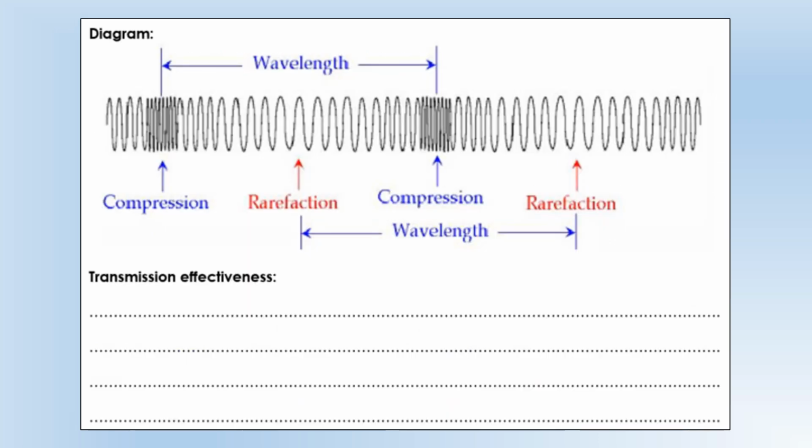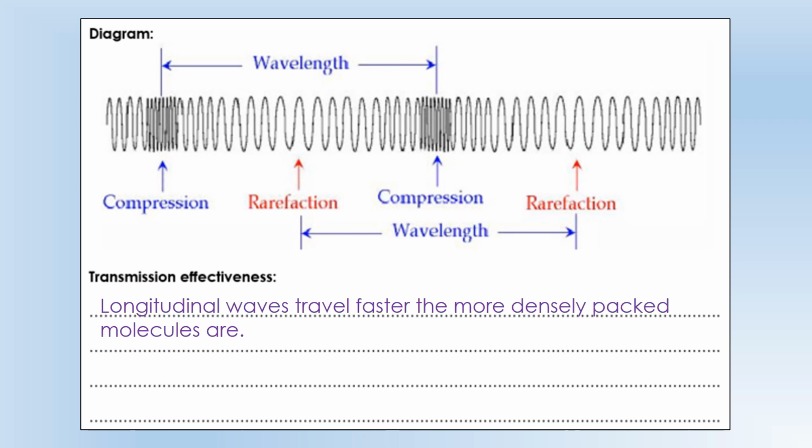So we looked before at how effective transverse mechanical waves are at traveling. We can do the same thing with longitudinal waves as well. Just like transverse mechanical waves, longitudinal waves travel faster in a more densely packed medium, which usually goes hand in hand with strength of intermolecular forces. So longitudinal waves travel faster the more densely packed molecules are.